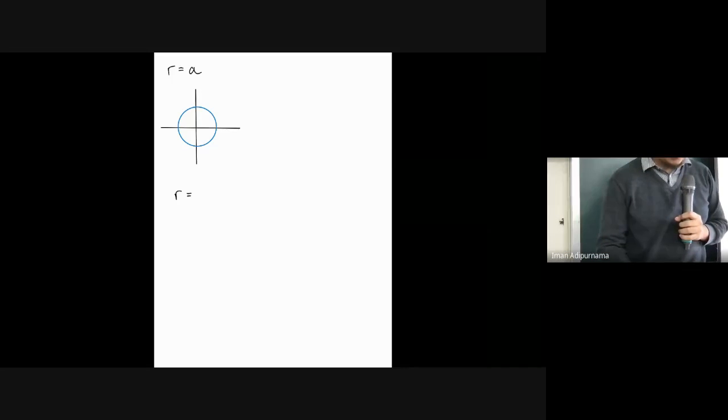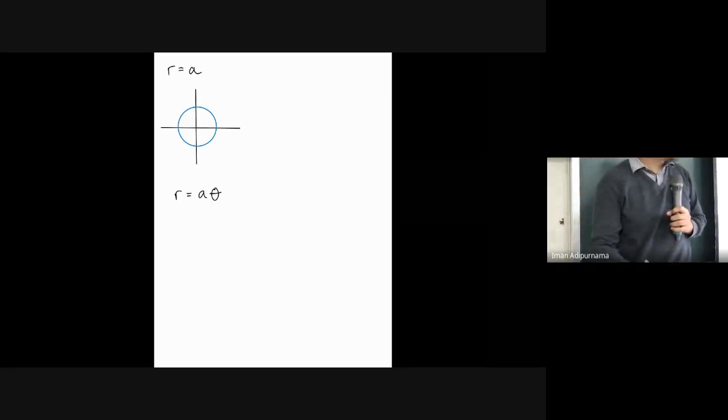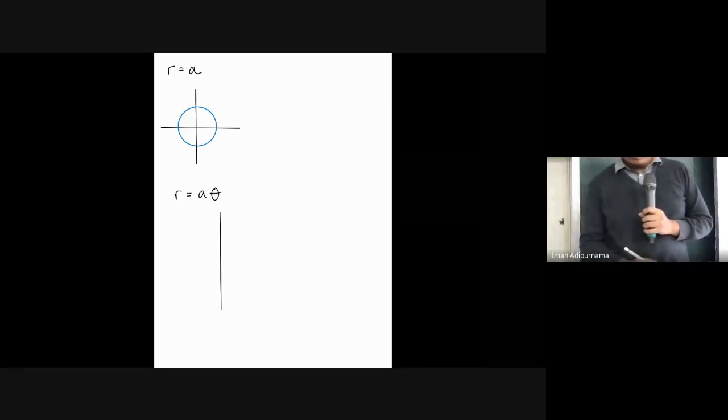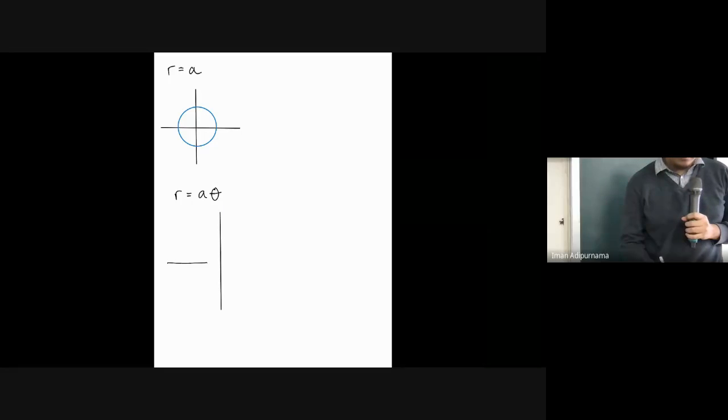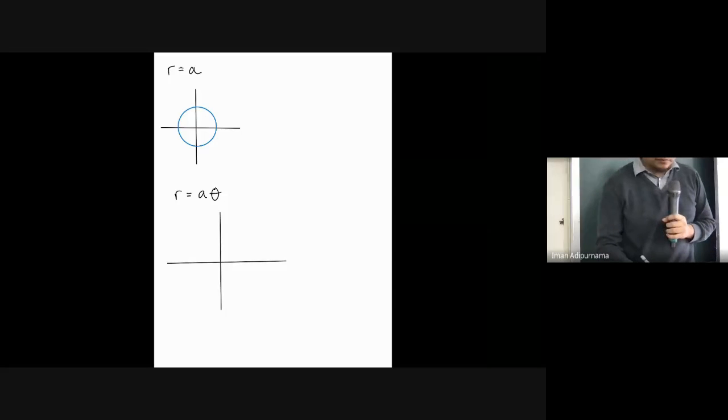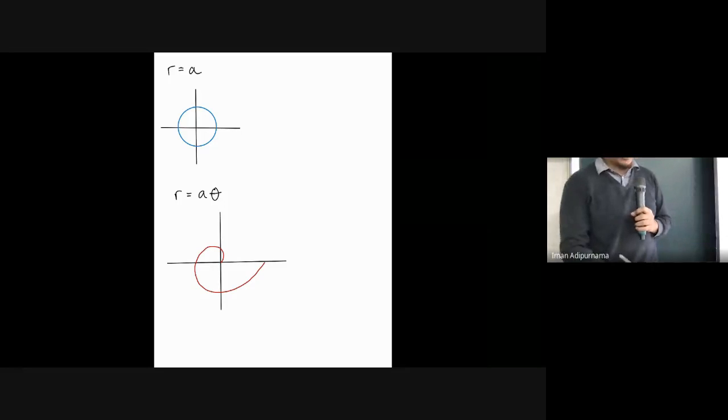If you have R equals A multiplied by theta, this will be a spiral.